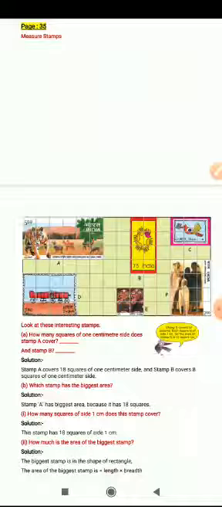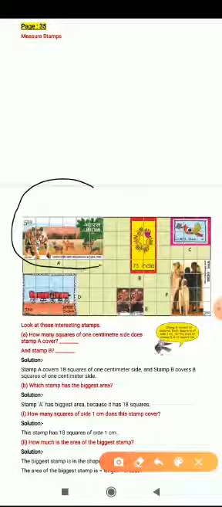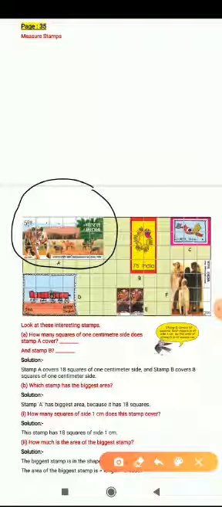In this question we have to find out how many squares stamp A covers, and stamp B. I have written the solution for stamp A. Let's focus on stamp A and count. 1, 2, 3, 4, 5, 6, 7, 8, 9, 10, 11, 12, 13, 14, 15, 16, 17, 18. So there are 18 squares of 1 centimeter side in stamp A.